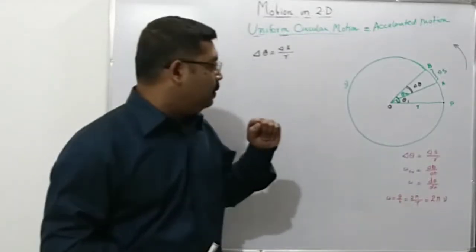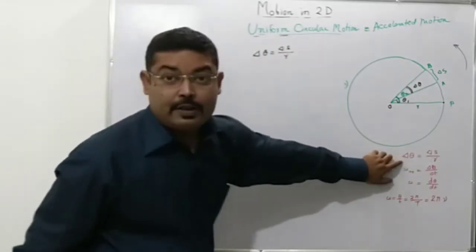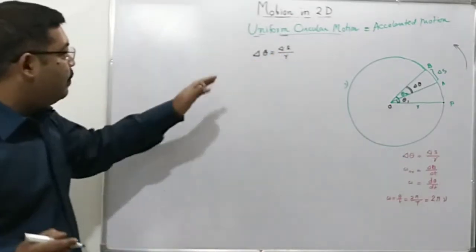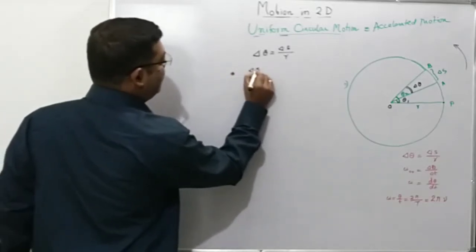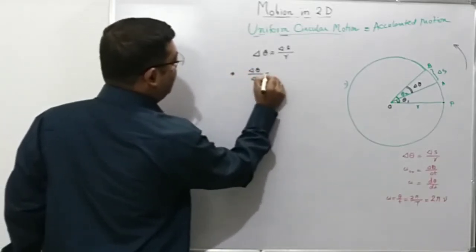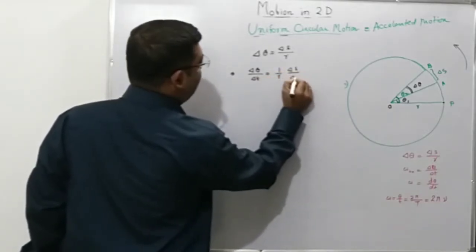Now, we have seen that delta theta is delta S by R, the first equation. If we divide both sides by delta t, delta theta by delta t must be equal to 1 by R delta S by delta t.